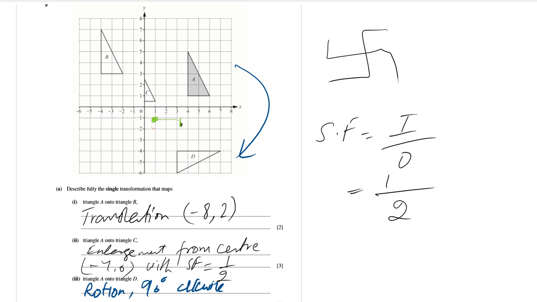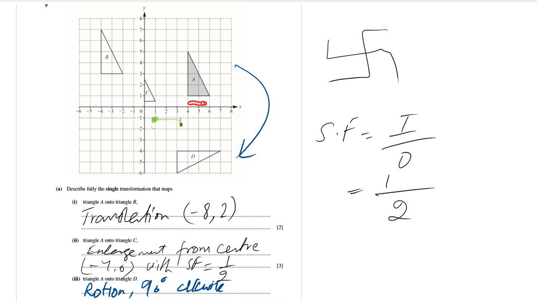Now let's check it with something else. I'm taking these two into account. 1, 2, 3, 4, 5, 6, 7, 8, 9. 1, 2, 3. 9 and 3. So half would be 4.5 and 1.5. 1, 2, 3, 4, 4.5 and 1.5.